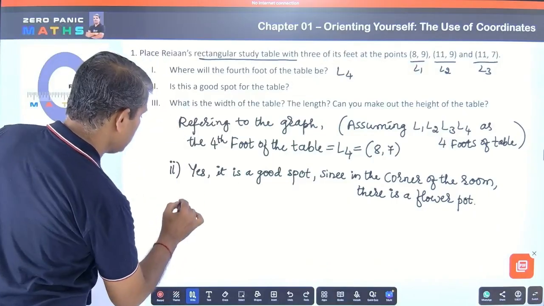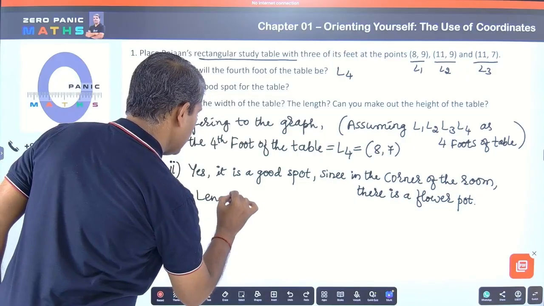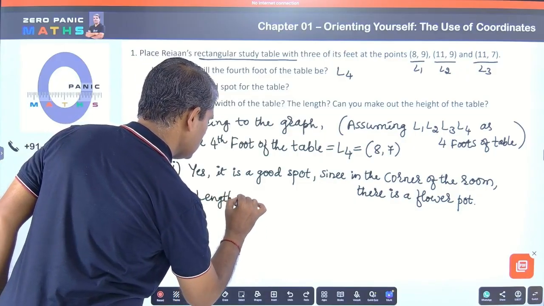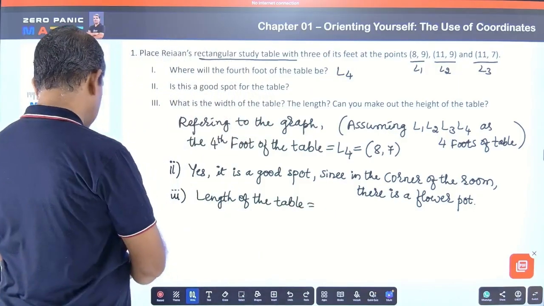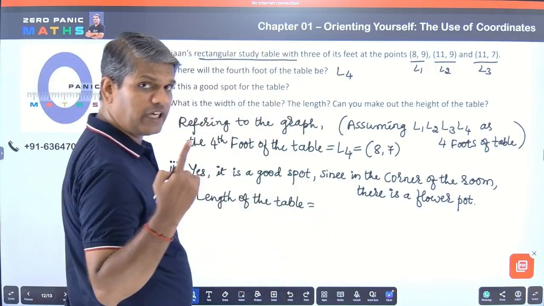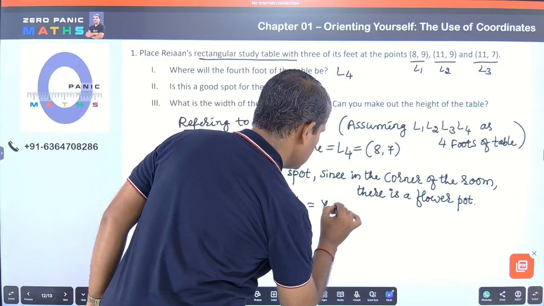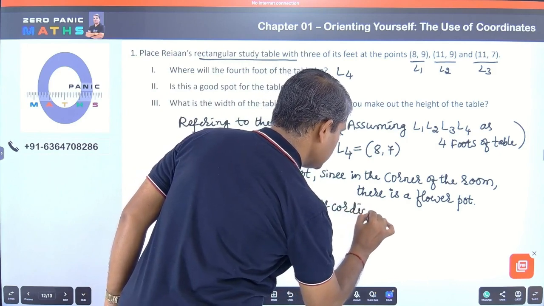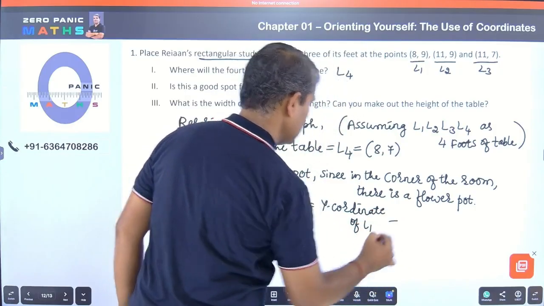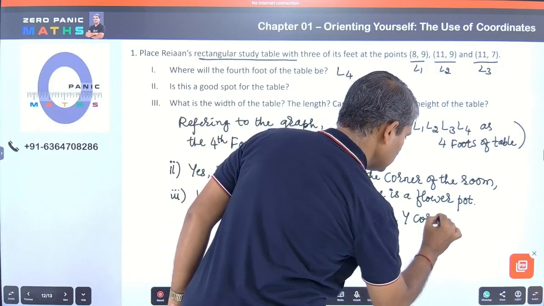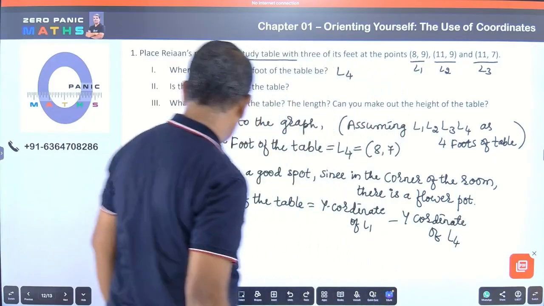The answer to the third question: the length of the table is equal to the y coordinate difference of L1 and L4, that is, y coordinate of L1 minus y coordinate of L4.